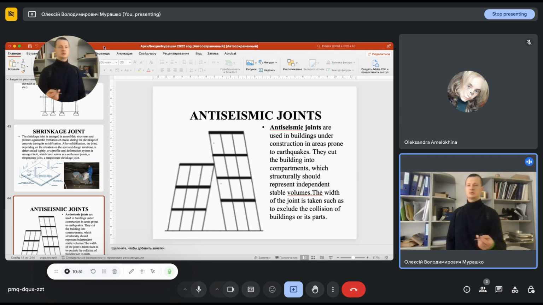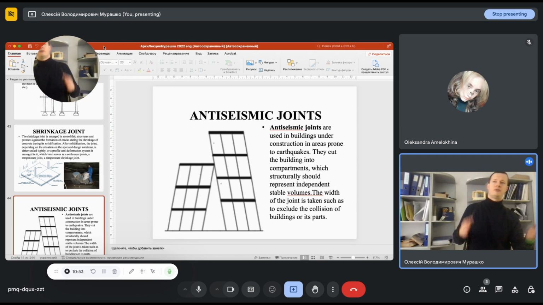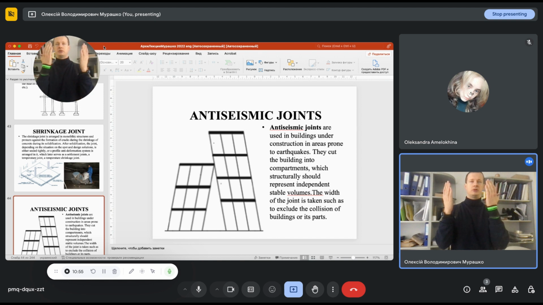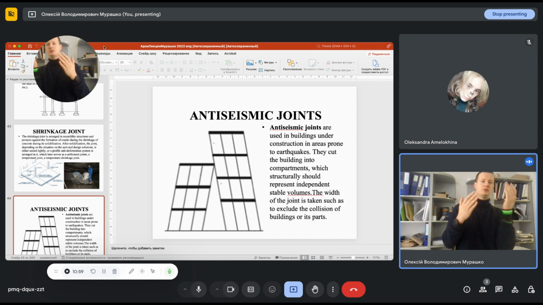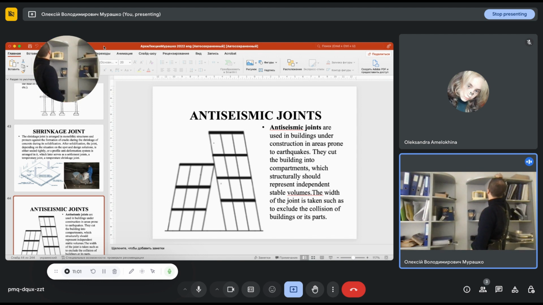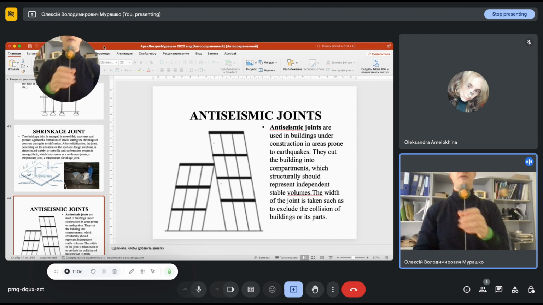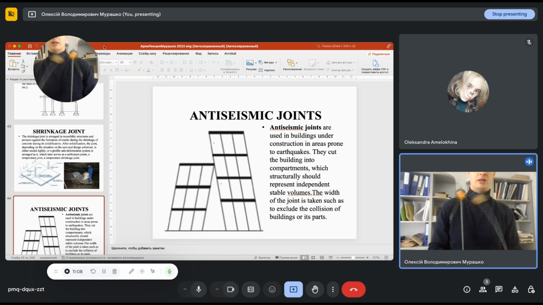Anti-seismic joints are used to protect buildings from the pounding effect during an earthquake. Each building may shake with its own form of vibration, but sometimes buildings do not just shake, they have a pounding effect.